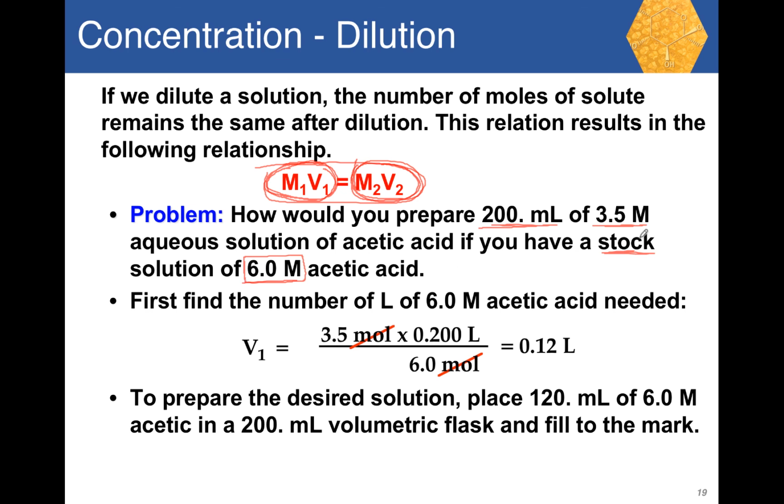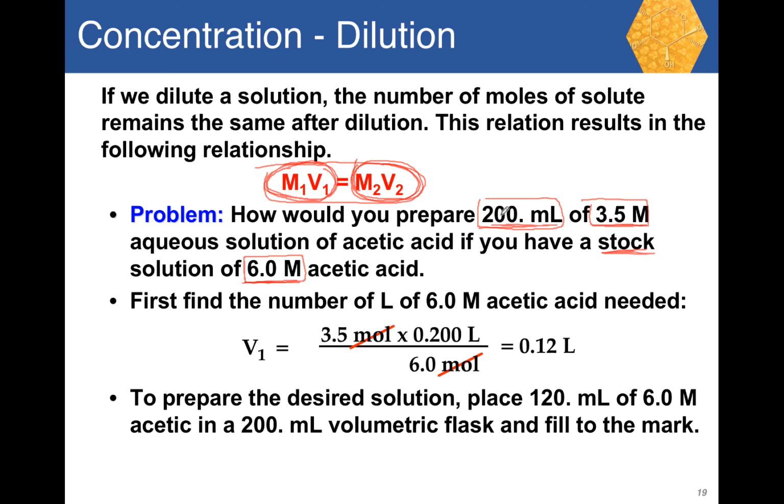So we purchased from some company a stock solution which is 6 molar, very concentrated. But you cannot administer or utilize a 6 molar solution. You need a much more dilute solution of 3.5 molarity, and specifically, you need 200 mL. How do you do that?